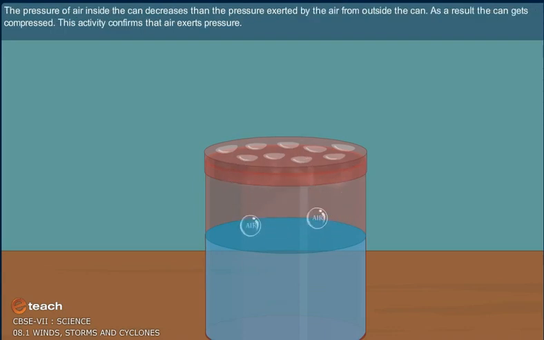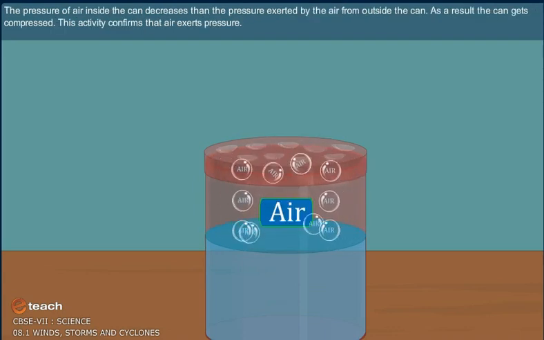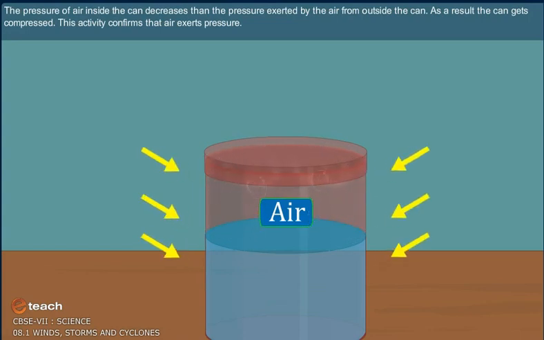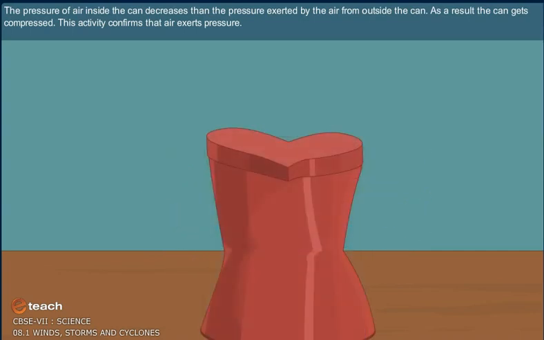The pressure of air inside the can decreases below the pressure exerted by the air from outside the can. As a result, the can gets compressed. This activity confirms that air exerts pressure.